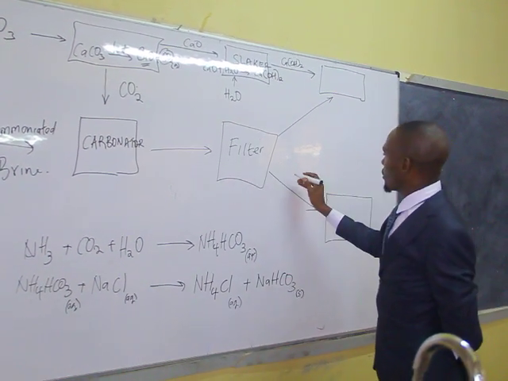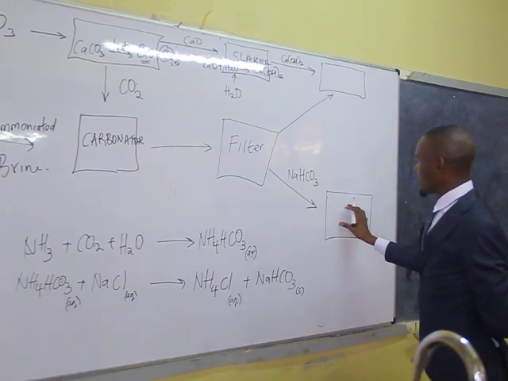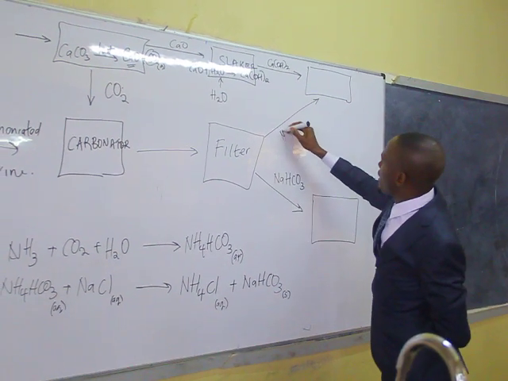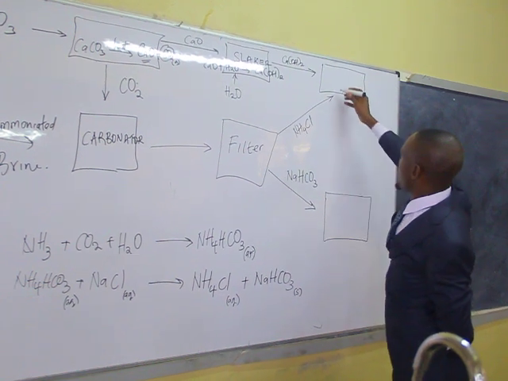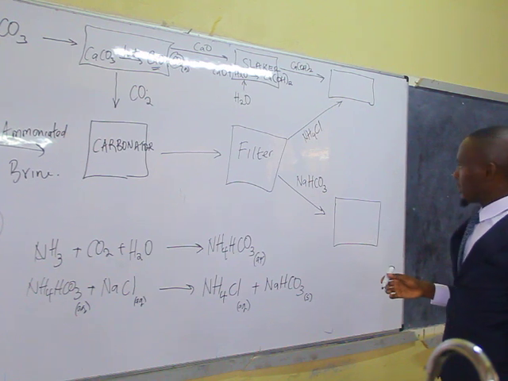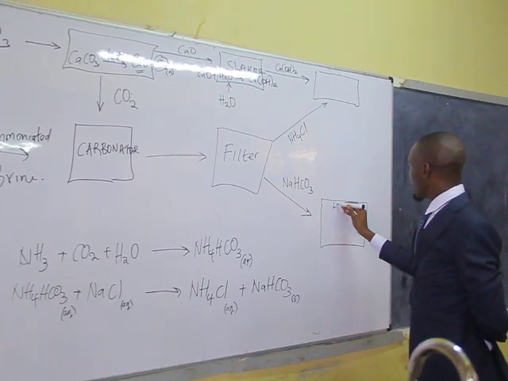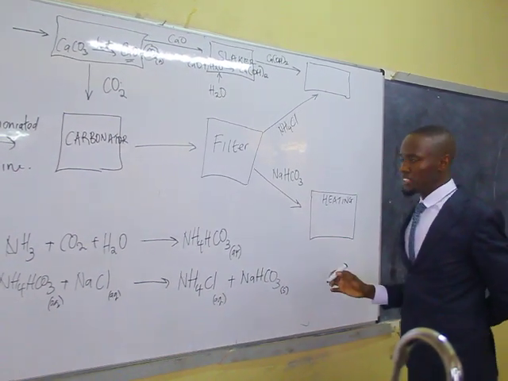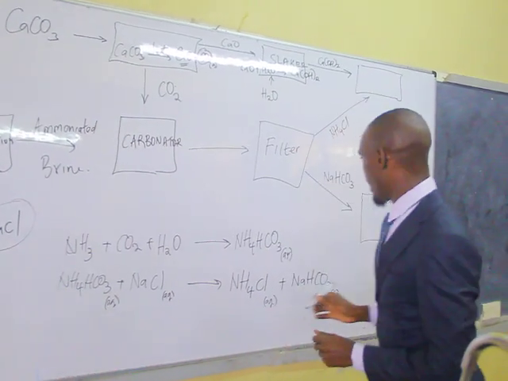So after filtration, sodium hydrogen carbonate is going to come to this chamber where heating will take place, while ammonium chloride is going to be taken to this other chamber. I'm going to show you the equation at this chamber, where we are going to do heating. That means we are going to decompose sodium hydrogen carbonate.